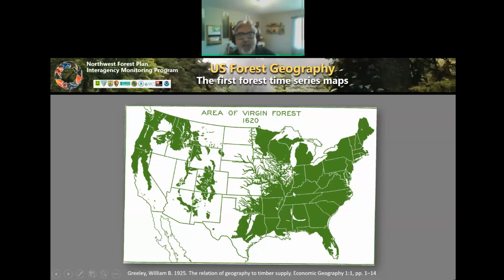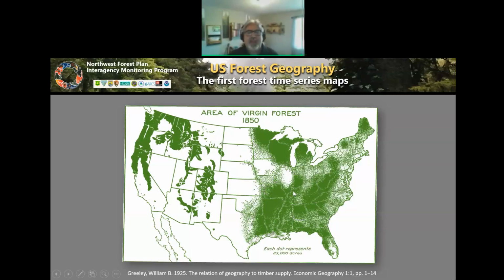You can see that by 1850, the early part of the European settlement of the continent, the timber supply had decreased. The term virgin forest here represents the natural stands, the old growth stands that existed prior to the settlement period.